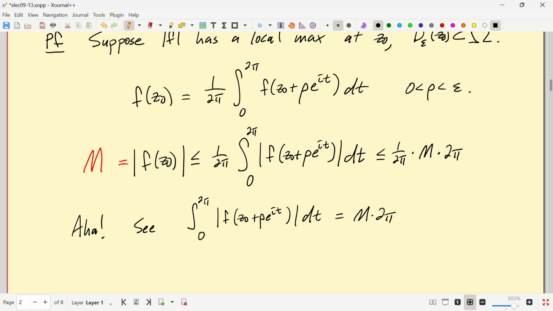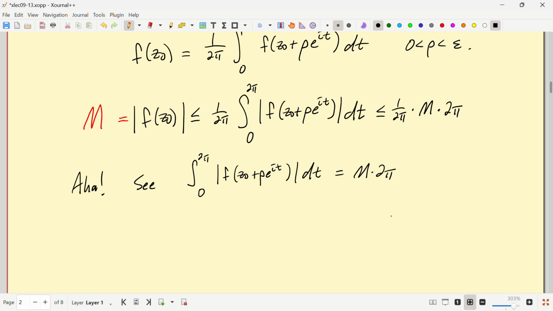And so my calculus lemma implies that the thing inside, obviously I have to say these words, I won't write them, but f is analytic. Therefore, f is continuous. And I'm composing f with a continuous function of t on the inside there, and so that composition is continuous. And if I take the modulus of a continuous function, it's continuous.